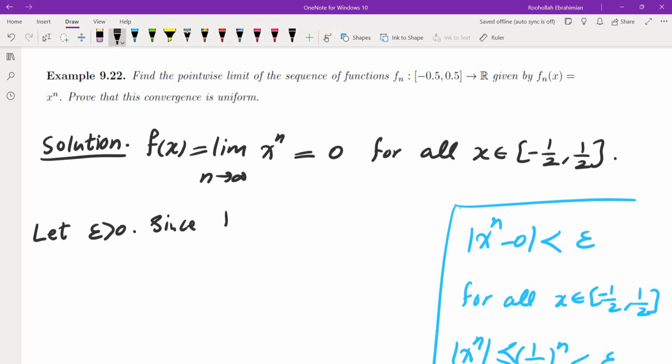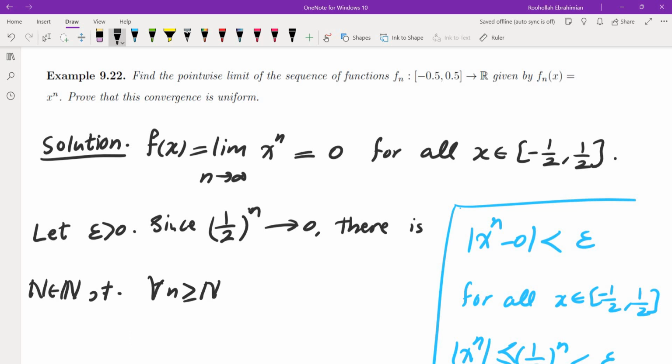Since 1/2 to the power of n approaches 0, there is some positive integer N such that for every n greater than or equal to N, 1/2 to the power of n is less than epsilon.